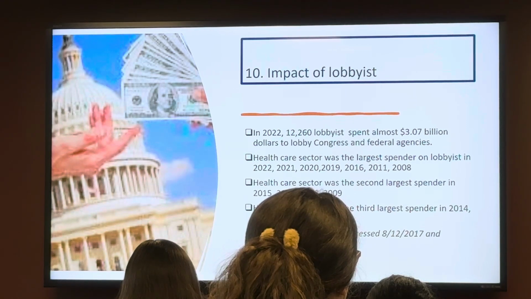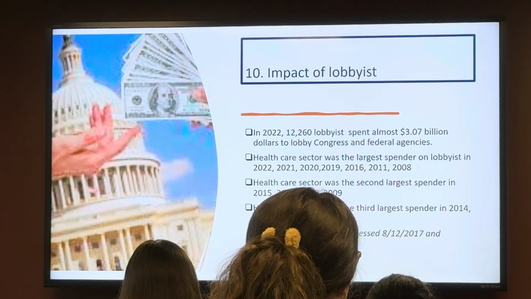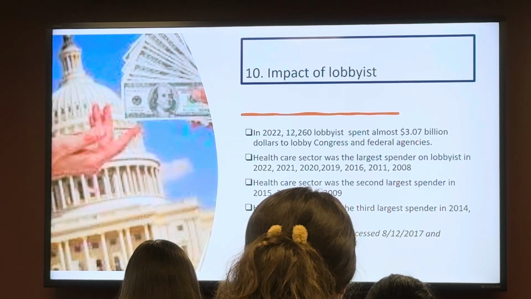So industry spends money on lobbyists to make sure they have an opportunity to educate legislators and regulators on perhaps what the legislation or the regulation should say. And in almost every single one of these years, healthcare was the largest spender on lobbyists.